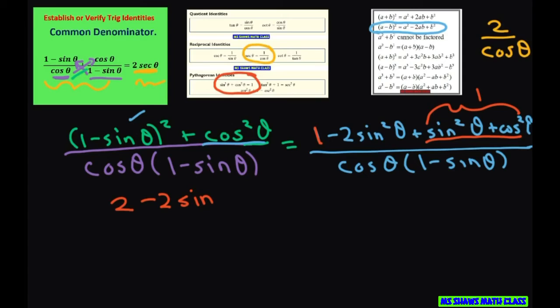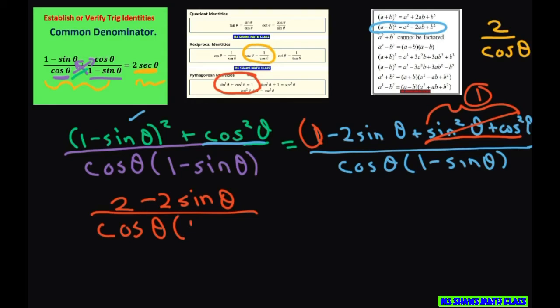This shouldn't be squared, this should just be sine. Sorry about that. And I just substituted that to equal 1, added these two together, divided by cosine of theta times 1 minus sine of theta.